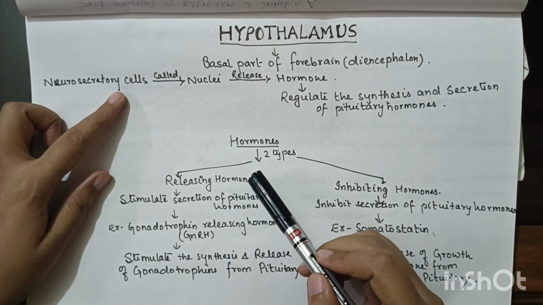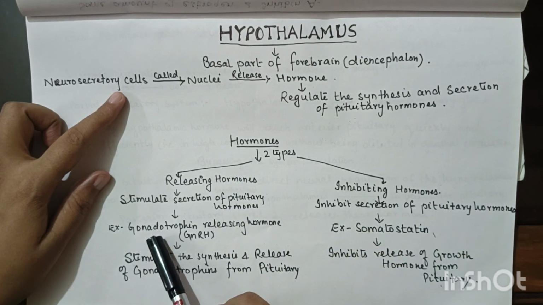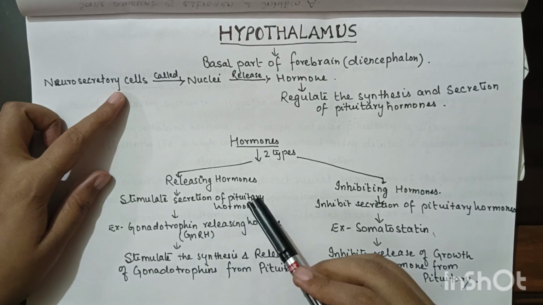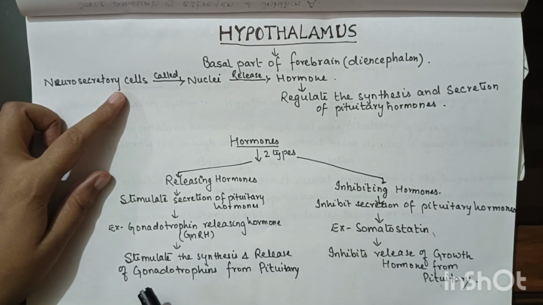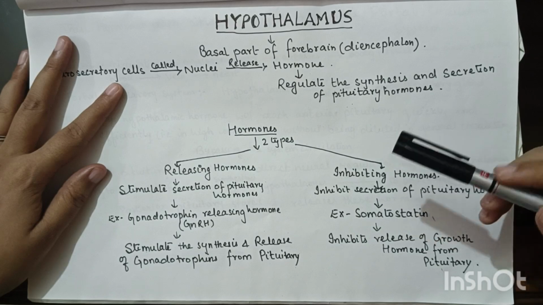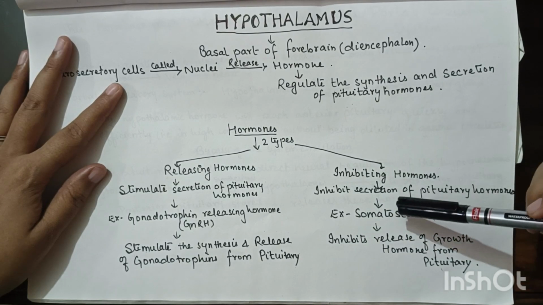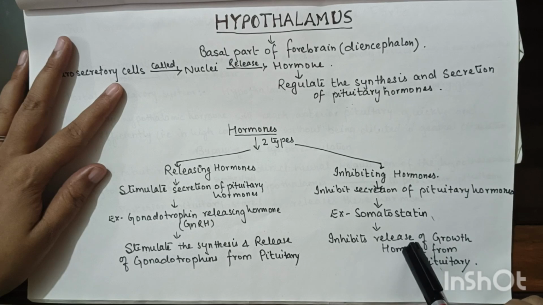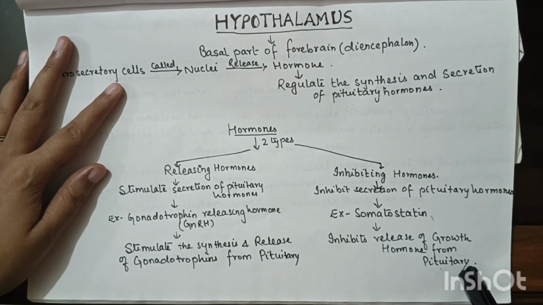Example of releasing hormone is gonadotropin releasing hormone, that is GnRH. This gonadotropin releasing hormone will stimulate the synthesis and release of gonadotropins from pituitary gland. An example of inhibiting hormone is somatostatin. This somatostatin will inhibit the release of growth hormone from pituitary gland.